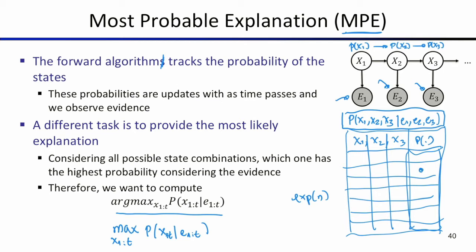And the second thing that we are interested in is what is the assignment that gives this maximum probability. That's going to be the values for x1, x2, x3. So when I know which values I should put here, I will have the highest probability possible considering all possible assignments.